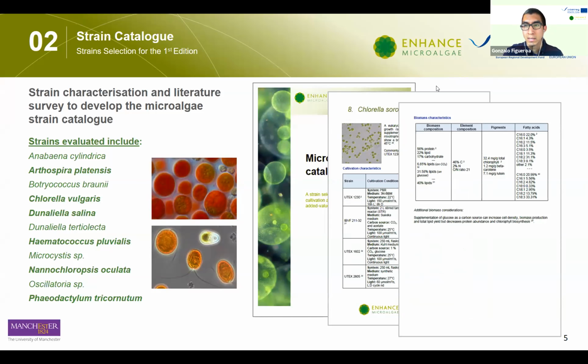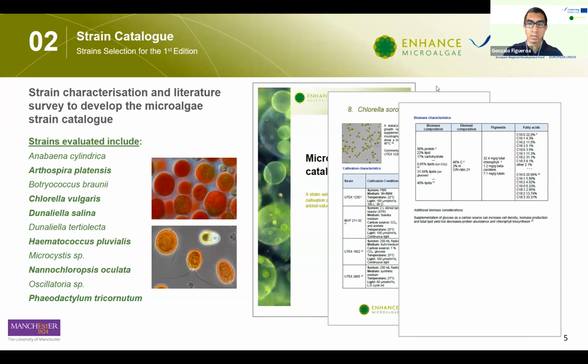There will also be a table that has the biomass characteristics, particularly the biomass composition, such as whether it has lipids, carbohydrates, proteins, the elemental composition, but also the profile of pigments and fatty acids, because these components are very useful for applications such as biofuels production or also the production of nutraceuticals and pharmaceuticals. This structure is followed throughout the document for all of the species that we're including.